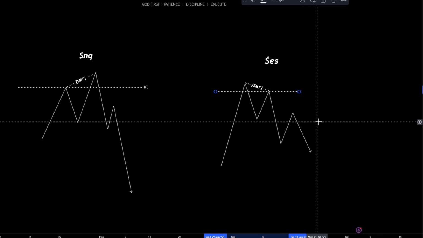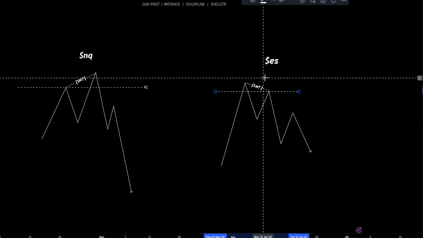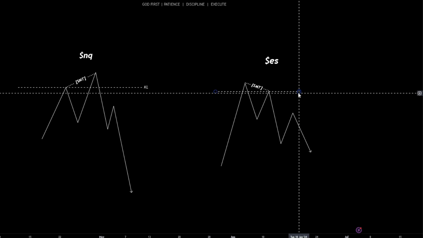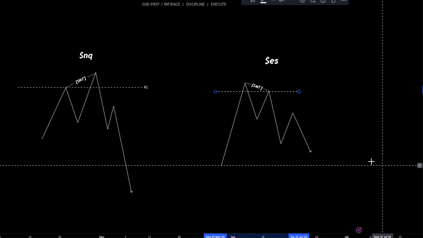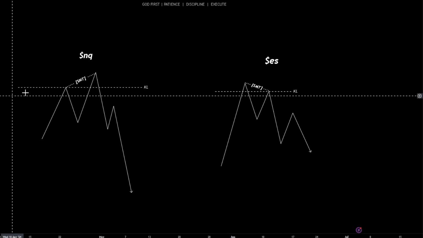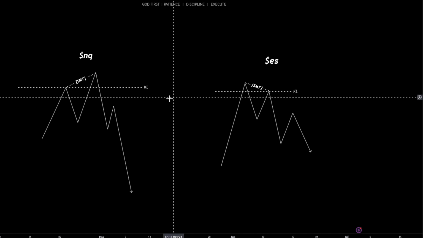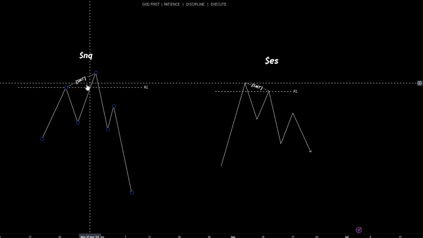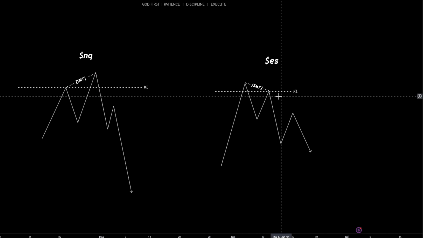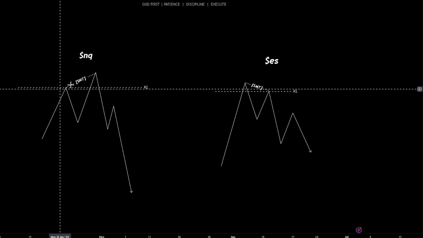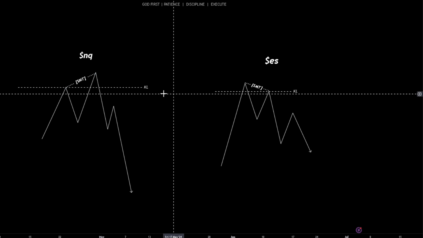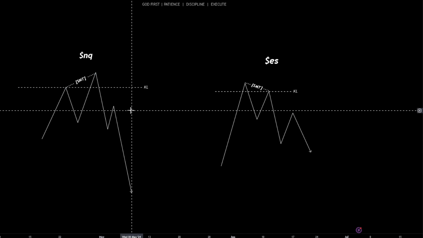The highest probability SMT is when we are inside of a key level. So once you see this, then you know price is either going to be bearish or bullish. But for this instance, we're going to be bearish because we had a higher high on NQ and a lower high on ES, and turtle soup. So this is what a bearish SMT looks like.